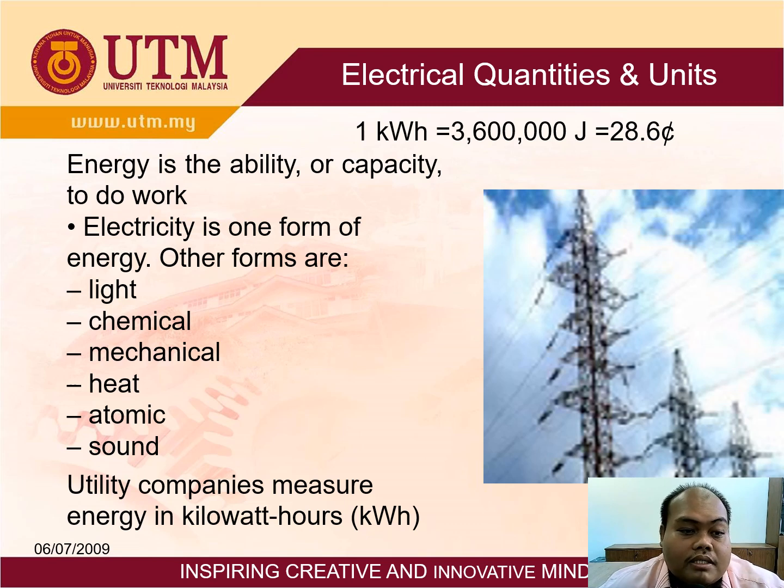The other forms are chemical, light, and heat. In electrical utility companies, energy is usually measured in kilowatt hour, but we also know that energy is in joule. 1 kilowatt hour equals 3,600,000 joule, or 3.6 megajoule.